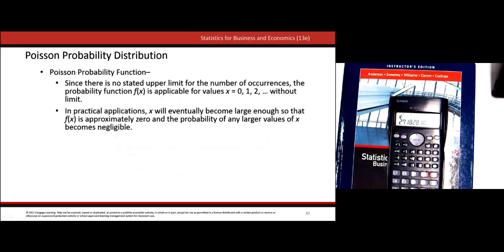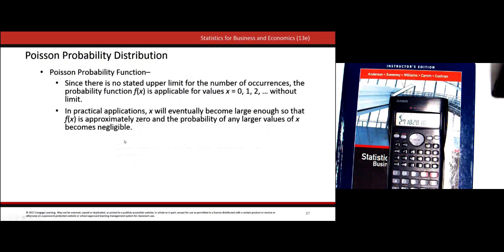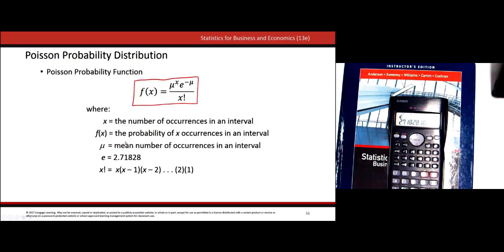So there is no stated upper limit for the number of occurrences, but in practical applications, x will eventually become large enough so that f of x is approximately 0, because you are dividing this to x factorial. For large values of x, you are dividing it to a very large number, because this is x factorial.